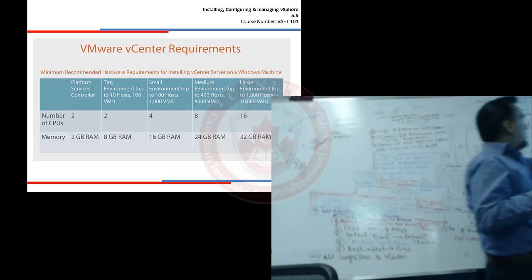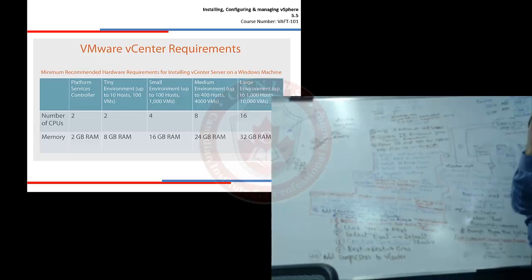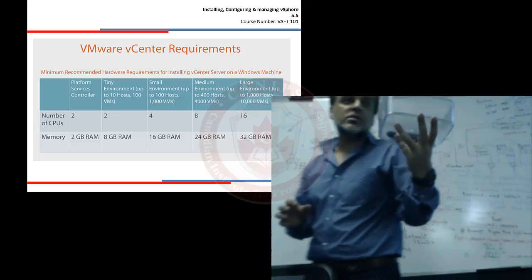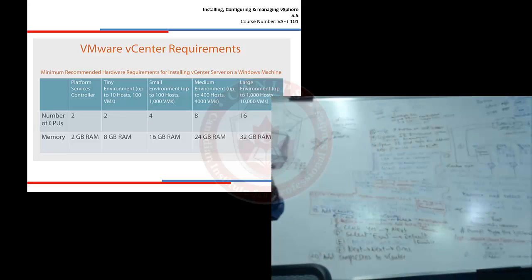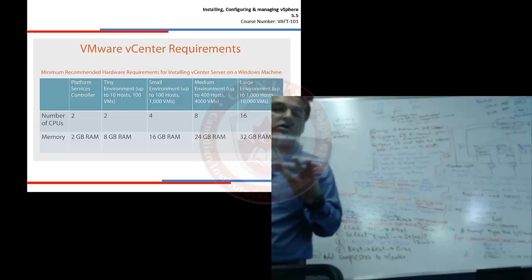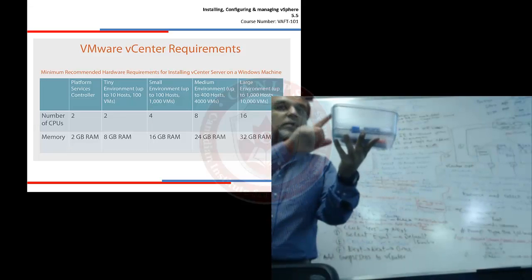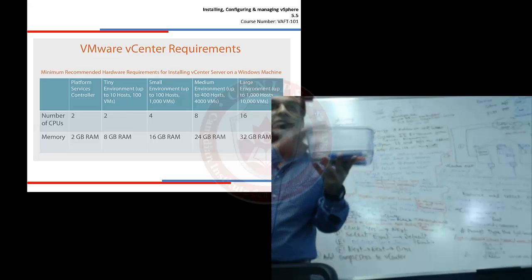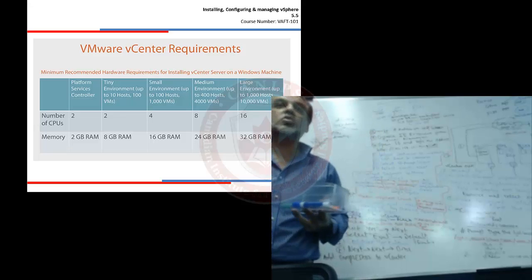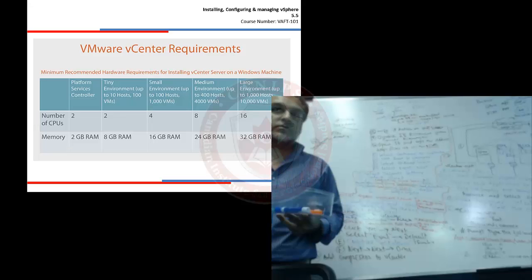So it's saying you need at least 2 CPUs and 8 GB of RAM. So minimum, this vCenter with 2 CPUs and 8 GB of RAM can manage 10 ESXi hosts. But if your company is looking to manage 100 hosts from the same vCenter, you need more CPU and more RAM. That's what it is.